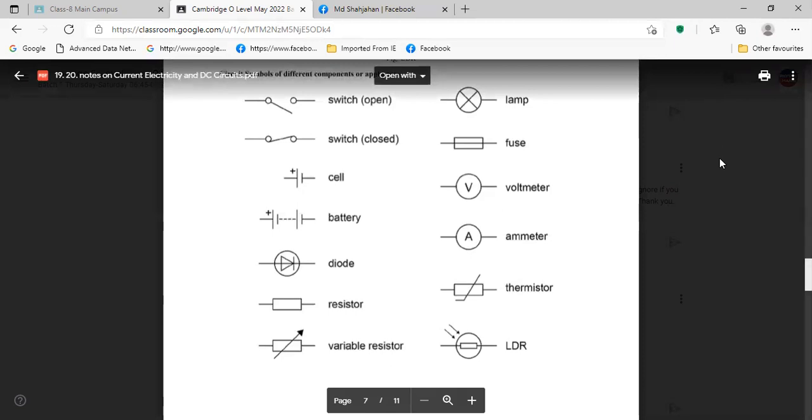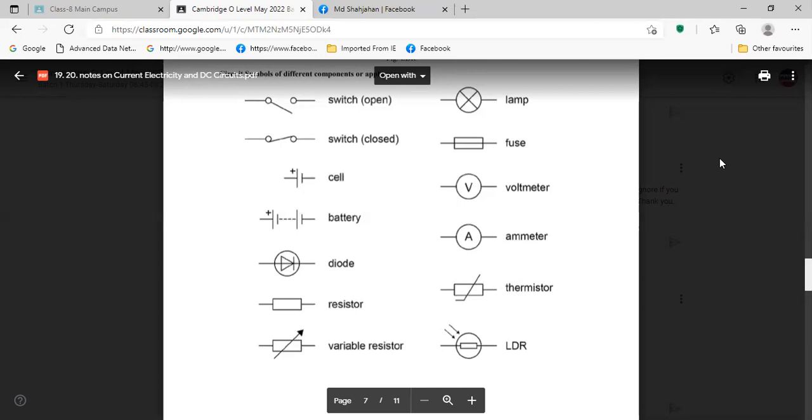Then cell, battery. Cell is the fundamental unit of power supply, that is cell. If two or more cells are connected together, that's called battery. Then diode is a device or appliance which allows the current to flow in one direction.